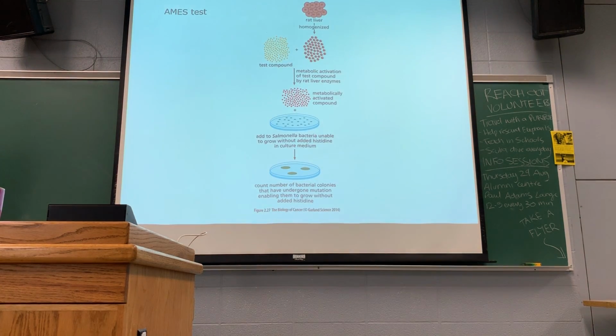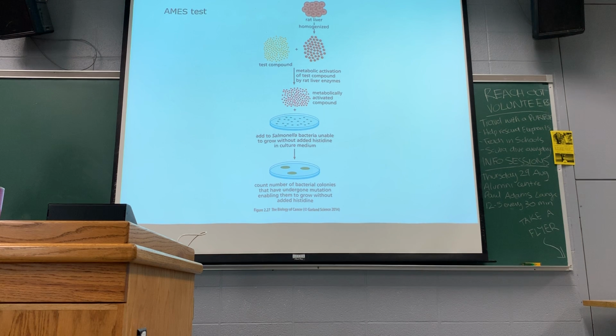Okay. But before we do that, we're going to go over the Ames test. Oh, well, before we go over the Ames test, so two befores. It's estimated now that maybe 60 to 90%, it depends on the study, of cancers are due to environment.